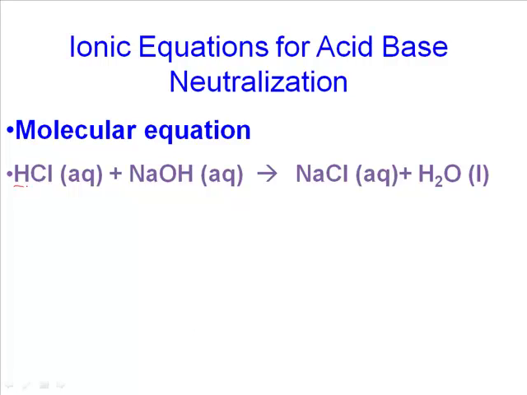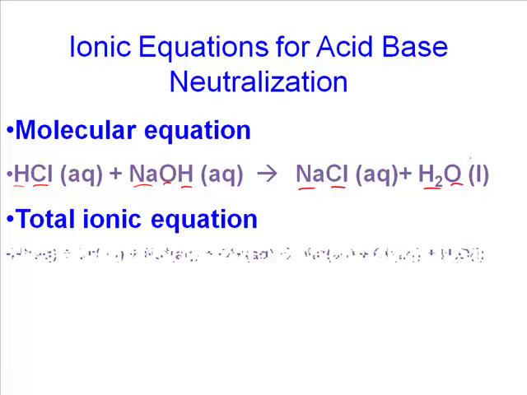We have two H's, we have two H's. We have one Cl, we have one Cl, we have one Na, we have one Na, and we have one O and one O. So therefore we are balanced, and therefore we do not need to add coefficients. If the equation was not balanced, we then would have to add coefficients.